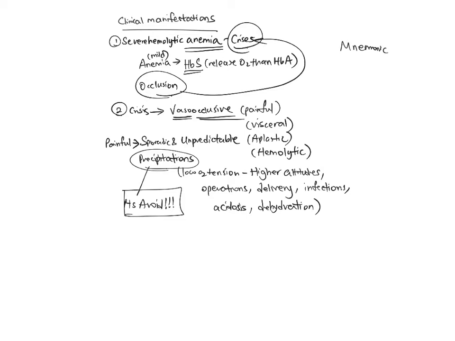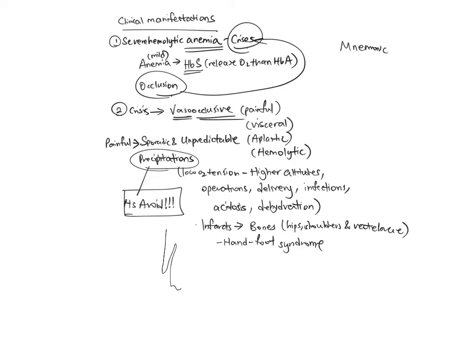And these are due to infarcts, like I mentioned before, due to occlusion leading to organ ischemia. The bones could also be affected, in particular the hips, the shoulders, and the vertebrae. And it could also lead to this thing called the hand-foot syndrome. The hand basically looks like a sausage.